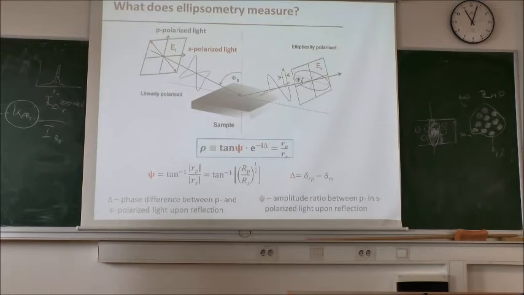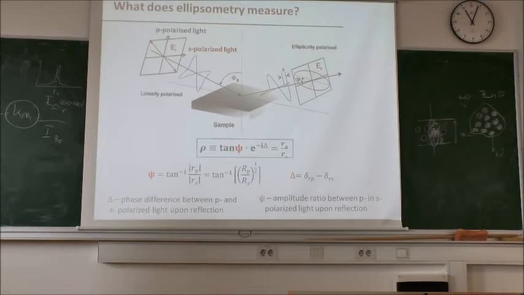If we take a look at this picture, we can see that the polarization state of the incident light can be decomposed into two components, P and S polarized light. In the case of P polarized light, the electrical field oscillates parallel to the plane of incidence, while in the case of S polarized light, the electrical field is perpendicular to the plane of incidence.